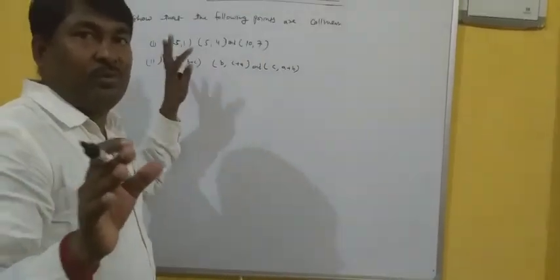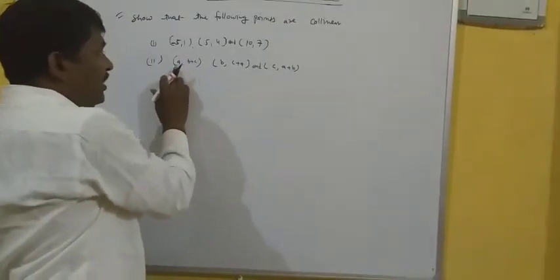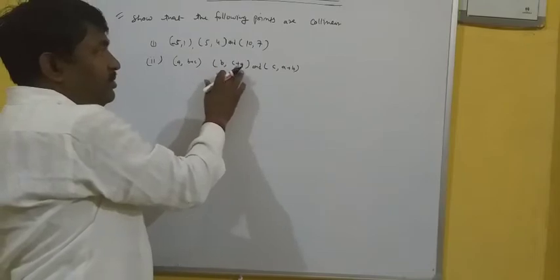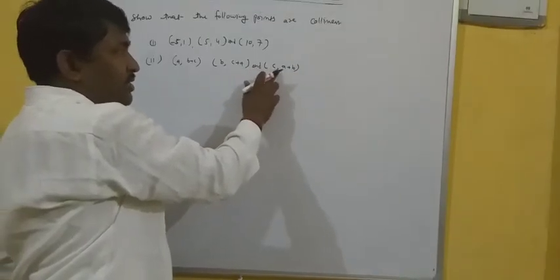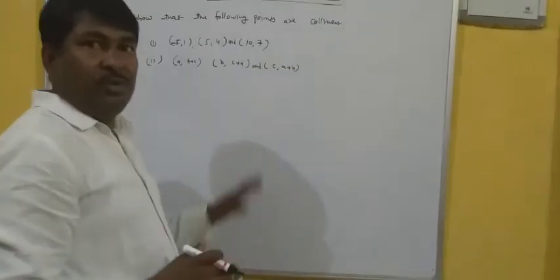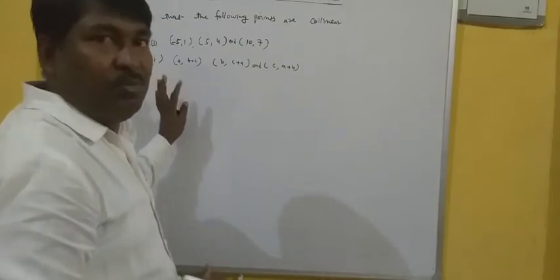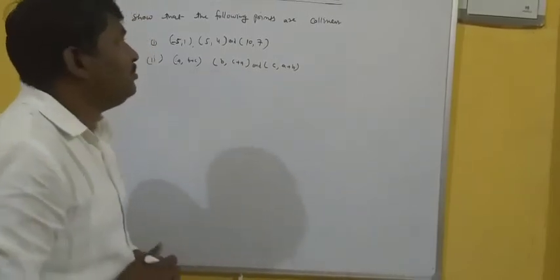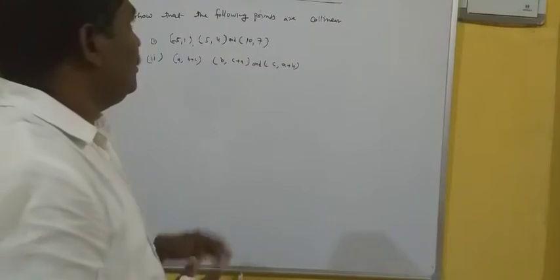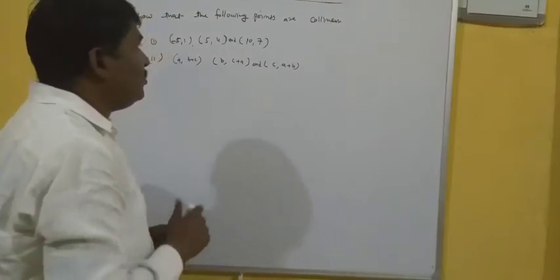So you need to solve at your home. Second question, A, B plus C, B, C plus A, and third point is C, A plus B. You have to apply the formula and the method that I have already told you. Okay, so solve it. Now next point.